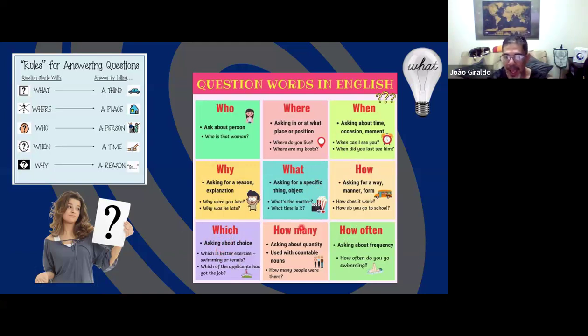And then we question how many when you want to know the quantity of something. How many cars do you have? How many brothers do you have? Every time we question how many, we are talking about a quantity.